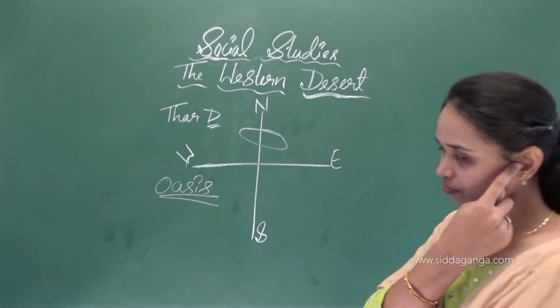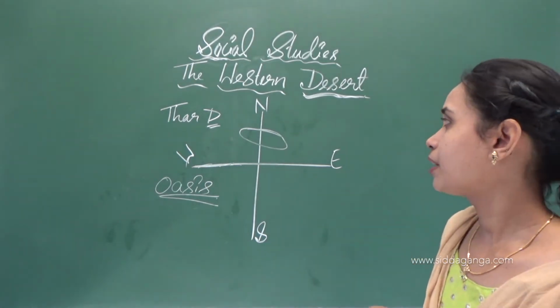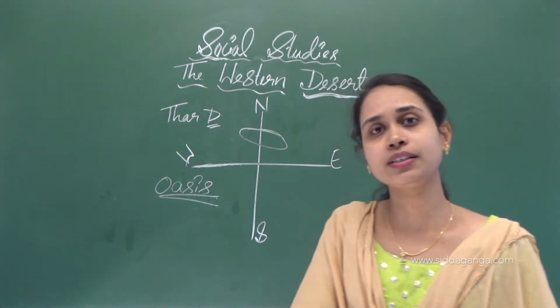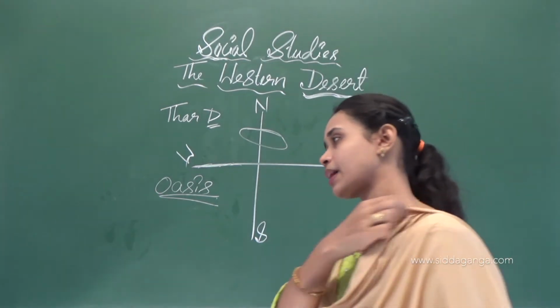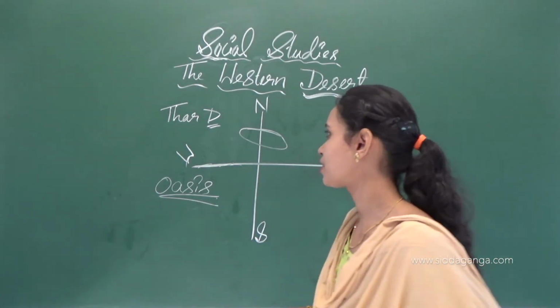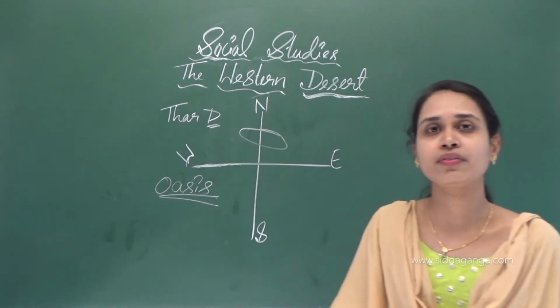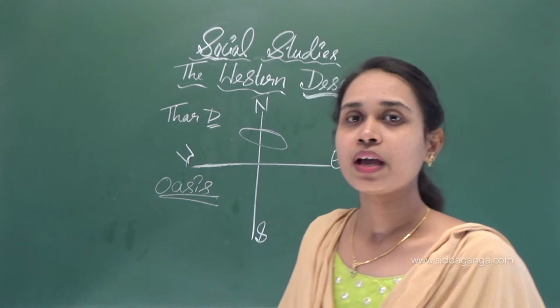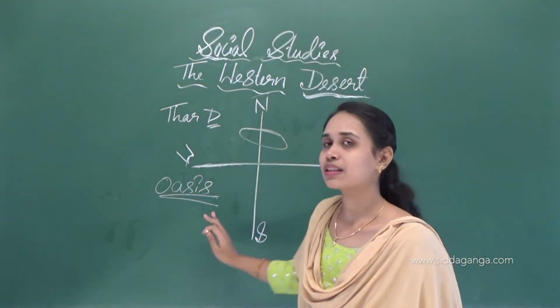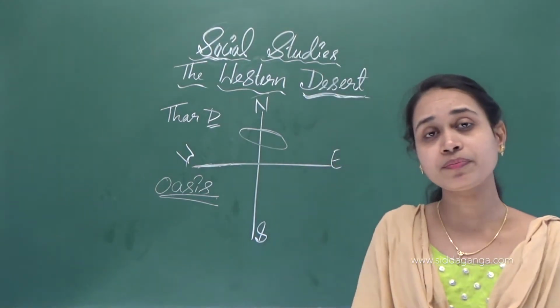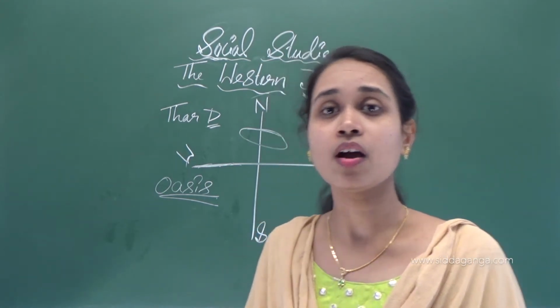Water from the river Satluj. You all have heard about the Satluj river now? Yes, the Satluj river originates in the northern part of our India. From the Satluj river they are getting water.